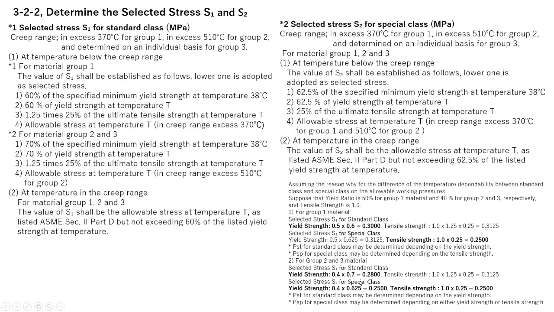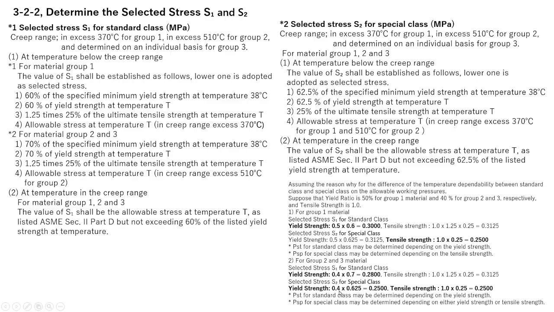So suppose that select stress S1 may be controlled by yield strength values. Selecting stress S2 for special class. Yield strength 0.4 multiply 62.5% of yield strength.